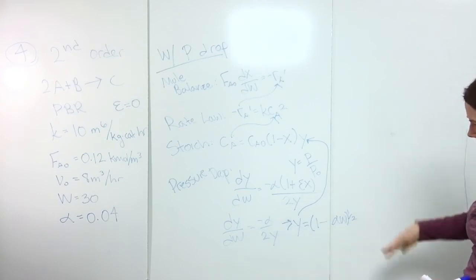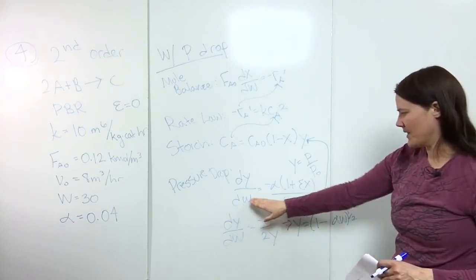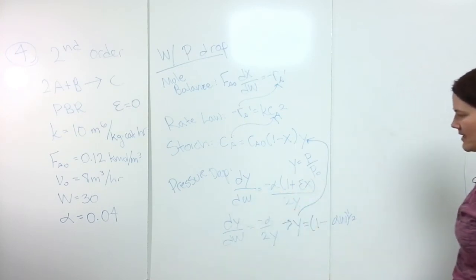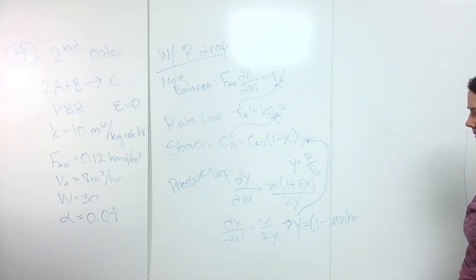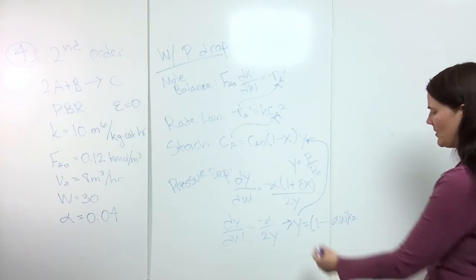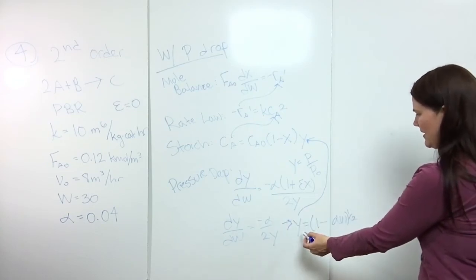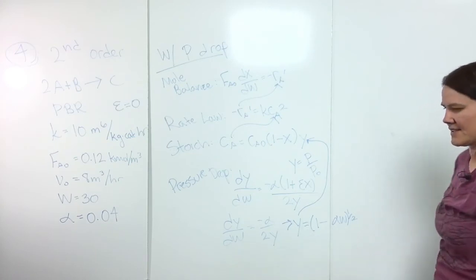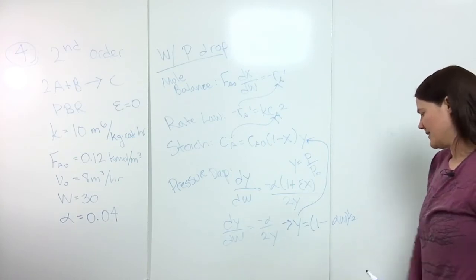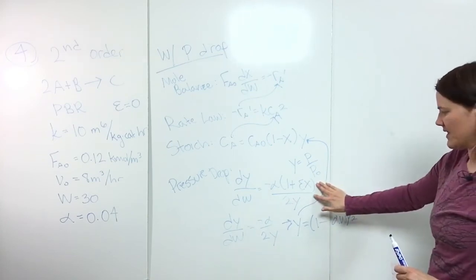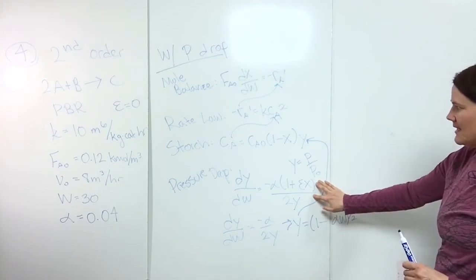So I usually start with this equation, and then if you know that you're making these assumptions that epsilon is 0 and it's isothermal, then you can integrate this and get that. But you don't want to use this if it doesn't apply to what you're doing, because this is making some assumptions. And so it's better to start with this one where you're making fewer assumptions and then go from there.